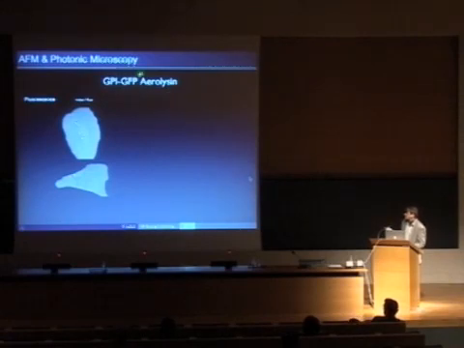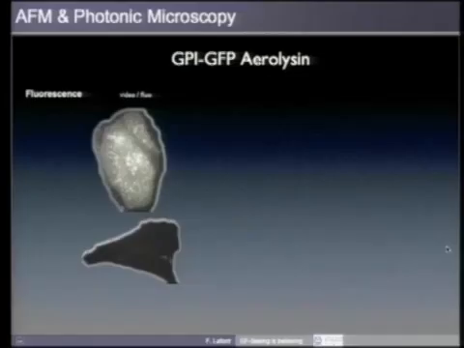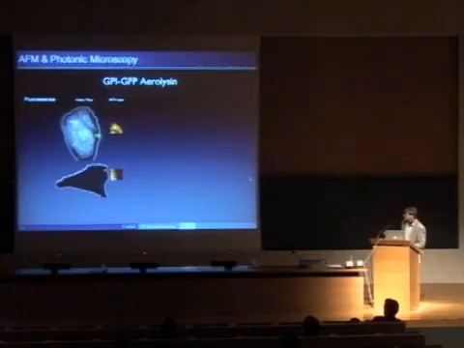And on the tip, we've coated aerolysin. Aerolysin is a bacterial toxin that recognizes these molecules. Here in fluorescence, you see that we've overexpressed this protein in these cells. Here you see maybe the shadow of the cantilever. Here is the scan frame in the AFM.